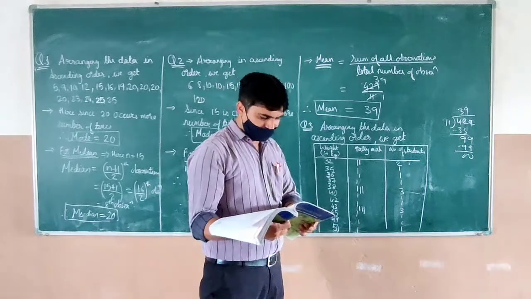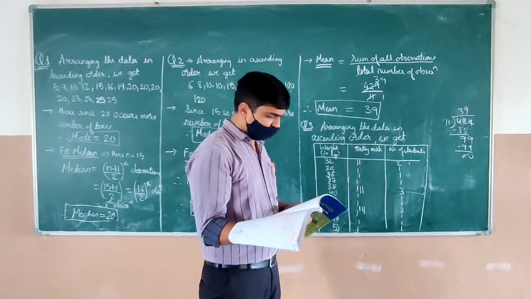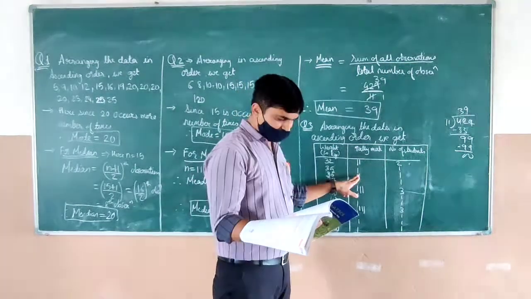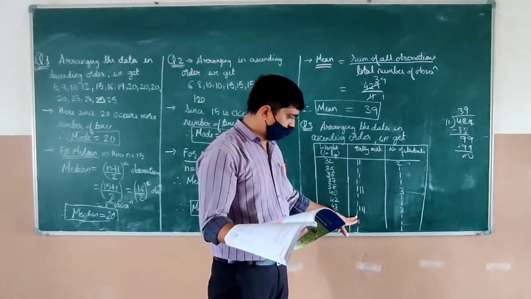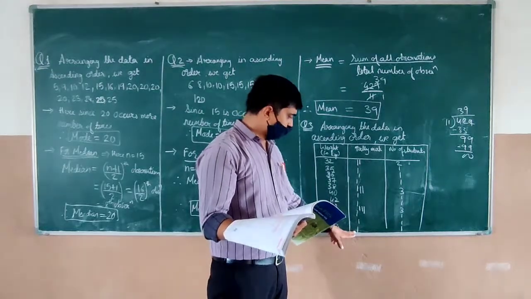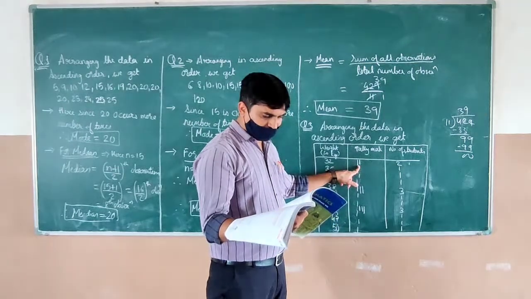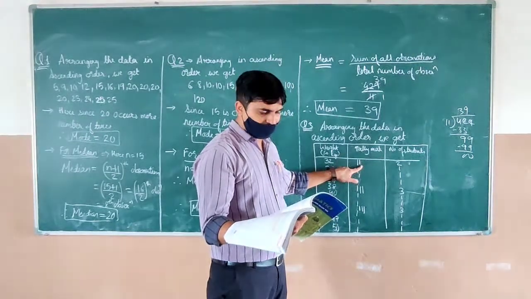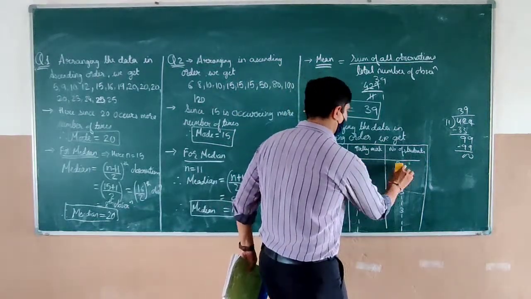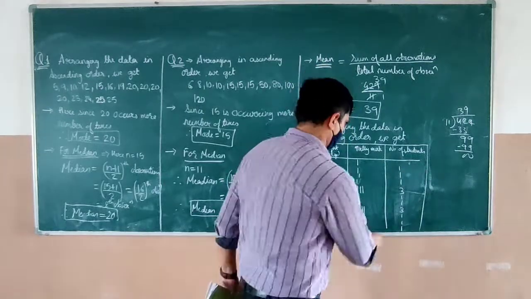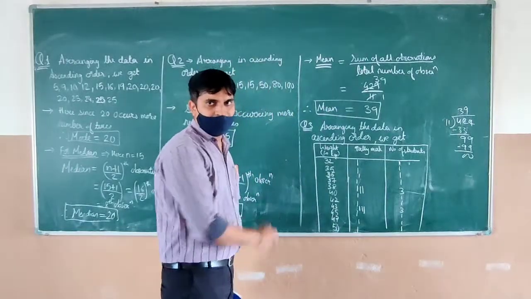Yes, 3 times. 42, only 1 time. 35, 1 time. 37, 1 time. 45, 1 time. 50, 1 time. 32, 1 time only, but here we have written 2 times. So we will remove one and write 1. Understood? Now the number of students is 15 and we have tabulated.